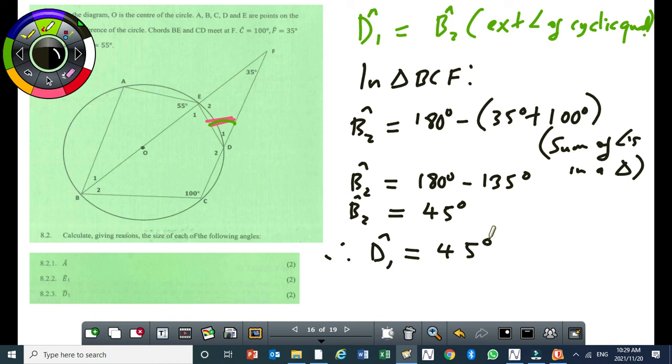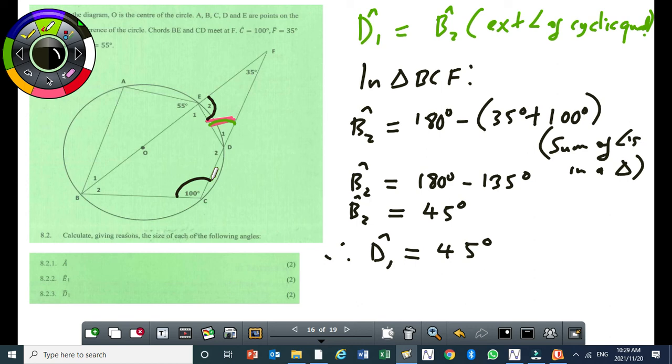Yes? Find E2. You're saying E2, this angle, is equal to that. Yes, it's fine.